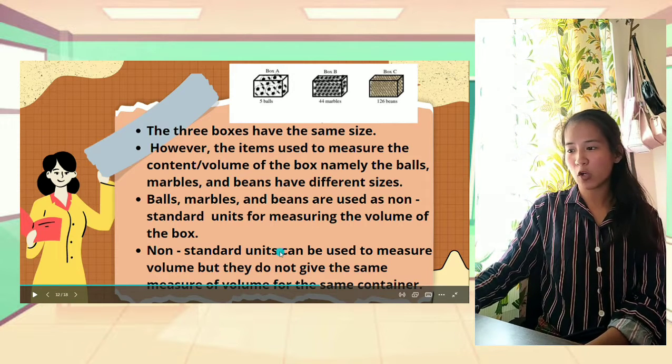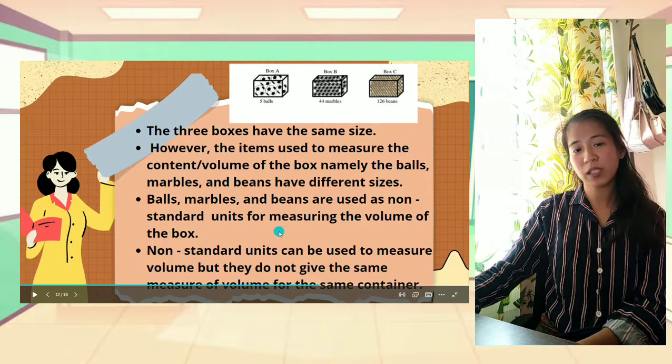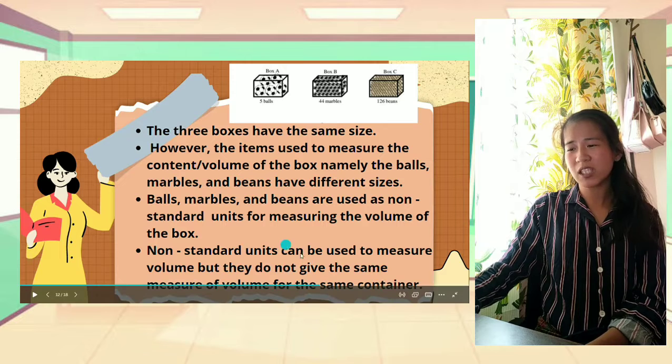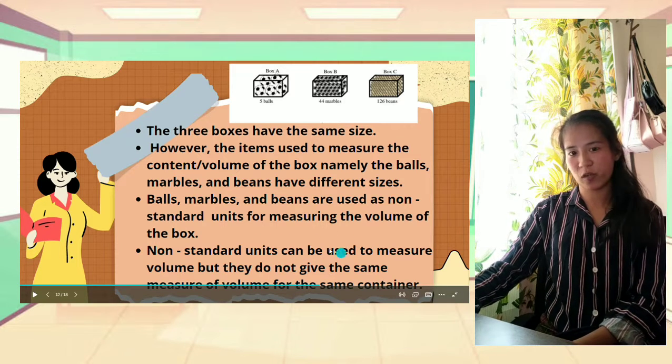Since the sizes of your items or objects are not the same, they will never give the same measure of volume of the same container, class.